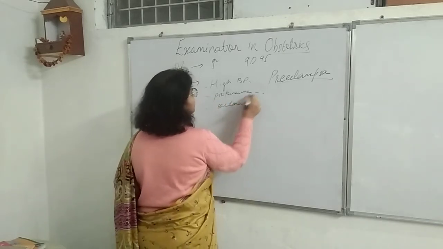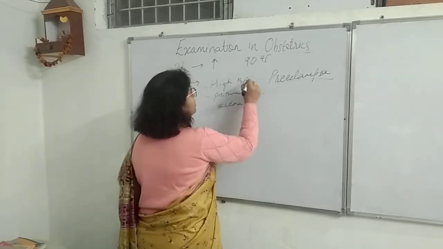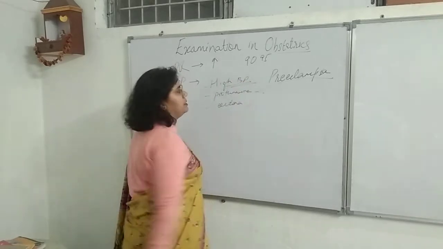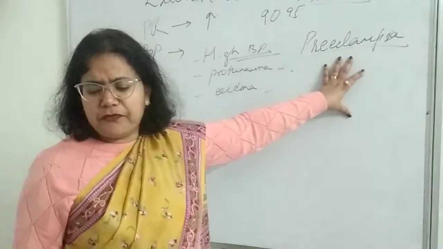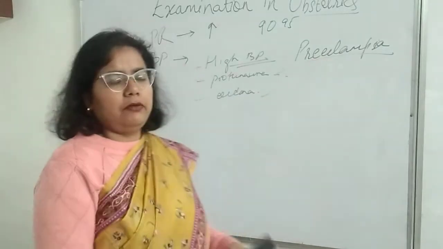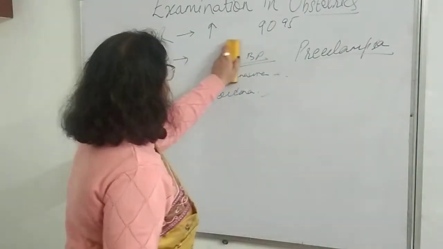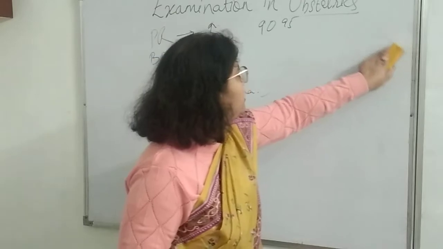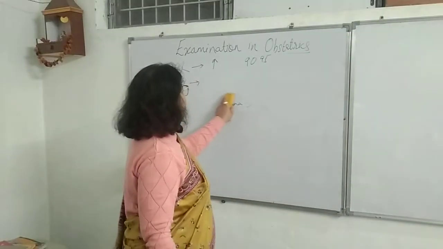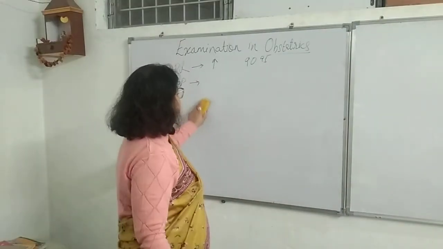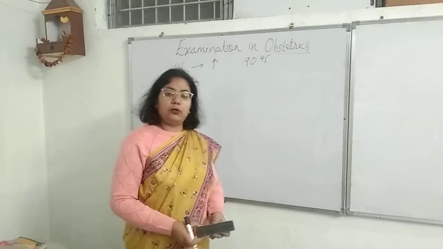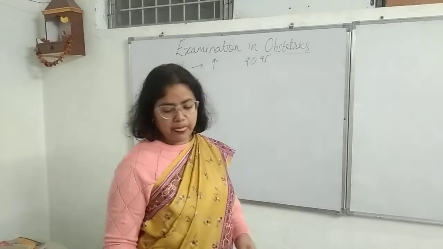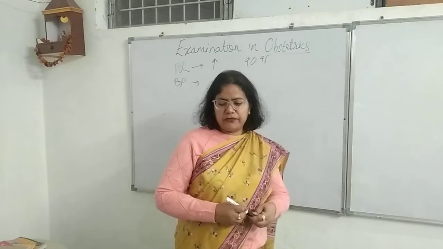Or this may not be present, but high BP should always be present. So this is preeclampsia, which is very common in obstetric practice, in hospitals, in referral centers, and this is a really critical thing. It is life threatening for mother and also for baby, especially mother. Okay, so blood pressure is very critical.